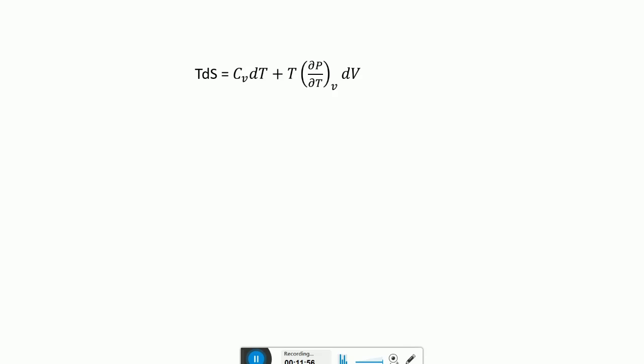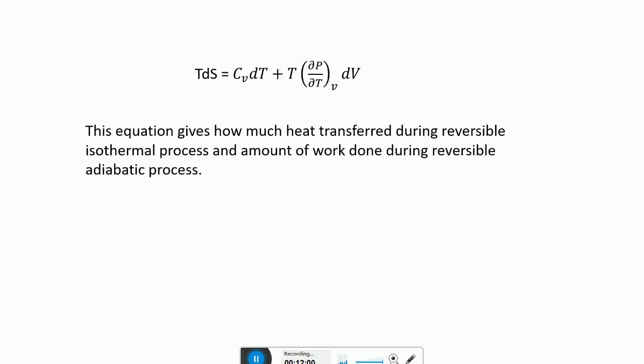This equation is called the first TdS equation, and it gives how much heat is transferred during a reversible isothermal process, and it also gives the work done during a reversible adiabatic process.